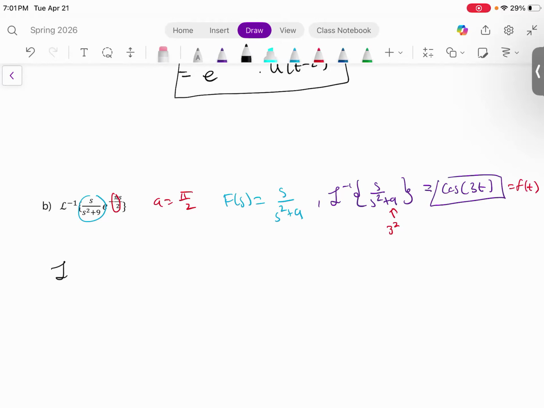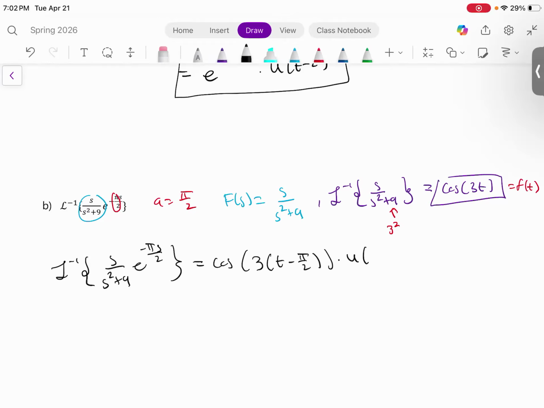When I do my inverse Laplace of s over s squared plus 9 times e to the negative pi s over 2, this turns into cosine, but remember, we are shifting pi over 2 units to the right. So it's not 3t, but 3 times t minus pi over 2, times a unit step function of t minus pi over 2.